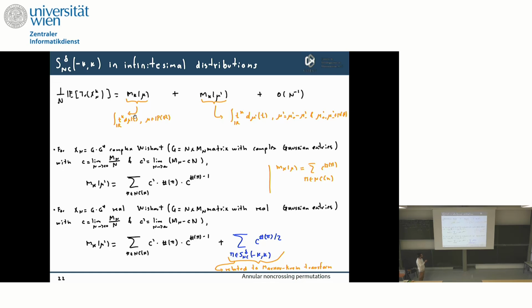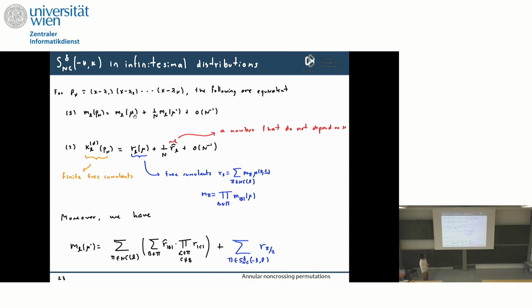But it is in the real case, where the G matrix has real Gaussian entries, that these annular non-crossing permutations appear. In this case I think this is the shape parameter, and you sum c to the number of cycles of pi over 2, and you sum over all these non-crossing annular symmetric permutations. Now this is work with Octavio Arizmendi and Daniel Perales.